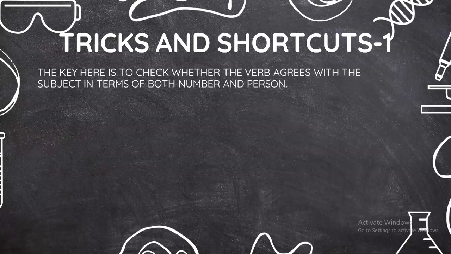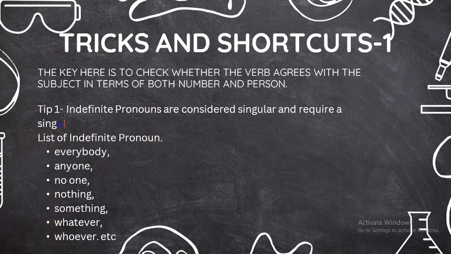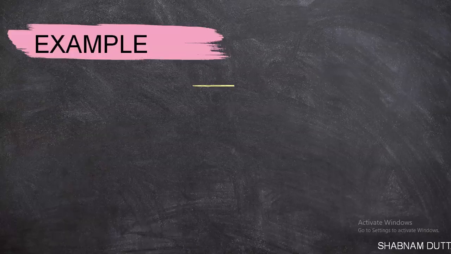In order to do that, keep in mind that indefinite pronouns like everyone, everybody, anyone, anybody, no one, nothing, something, whatever, whoever, etc. are considered singular and require a singular verb. Remember, singular verb is equal to verb plus s. Example, "goes" is a singular verb while "go" is plural.